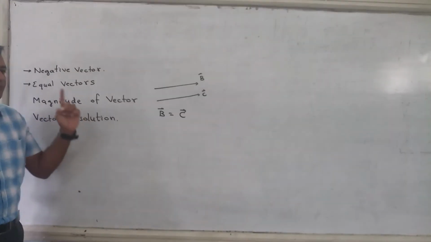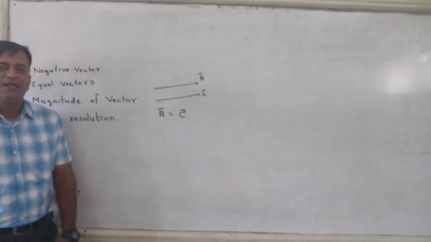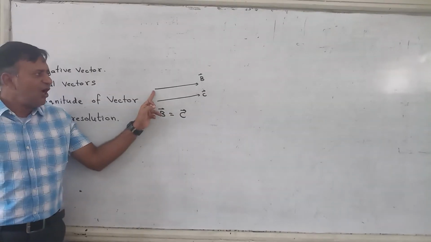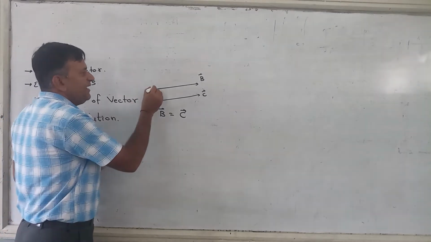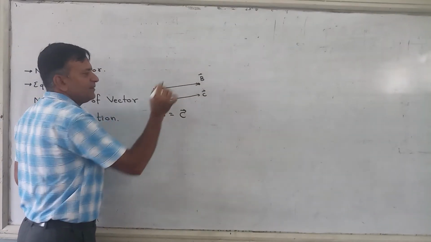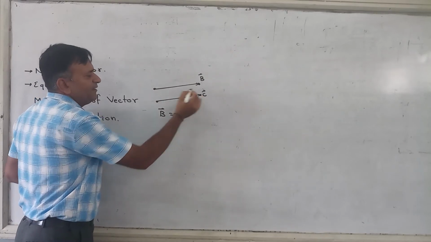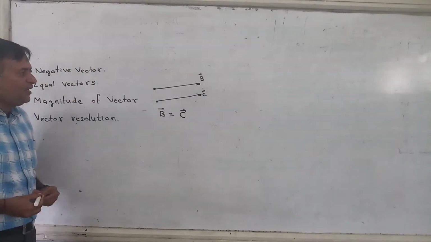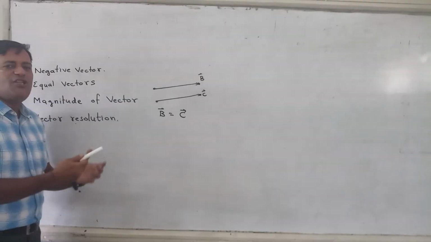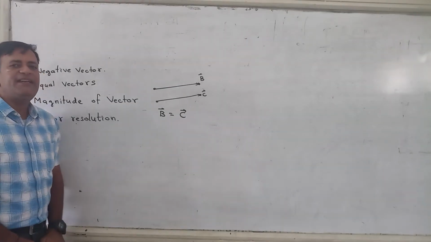But one thing to be taken care of: the initial point of B is this, the final point is this. For vector C, the initial point is this and the final point is this. But this does not affect their equality condition.